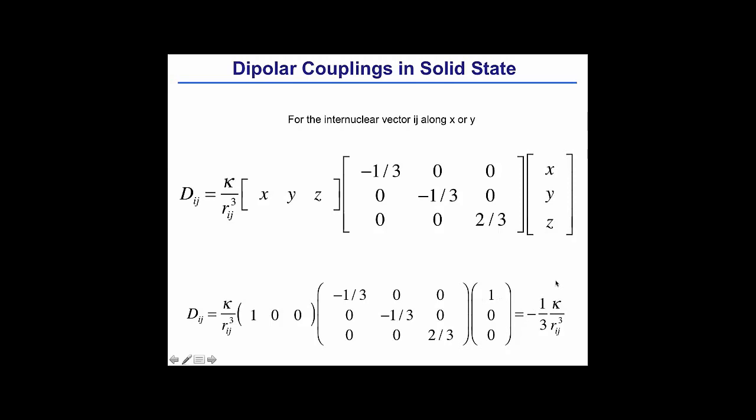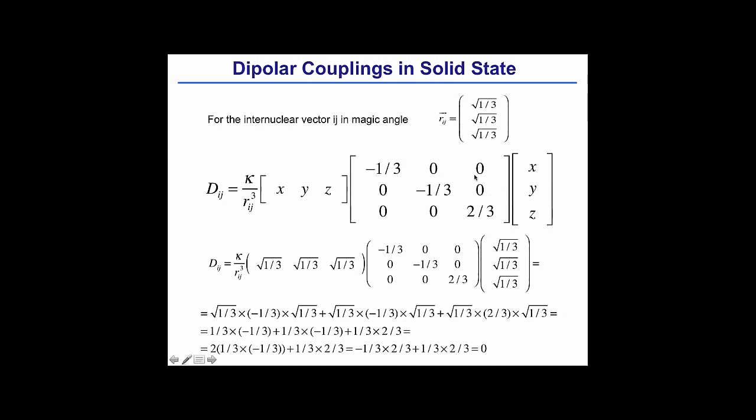So we end up with the dipolar coupling value for a vector that is perpendicular to the magnetic field being minus 1/3. It's exactly the same result. And if we do the same calculation for an internuclear vector at the magic angle, and we replace the values here and do all this math, I'm not going to read this, but if you follow all this calculation, then the dipolar coupling vanishes.